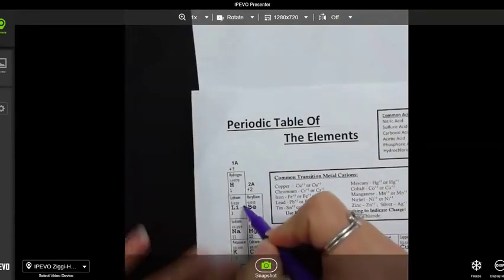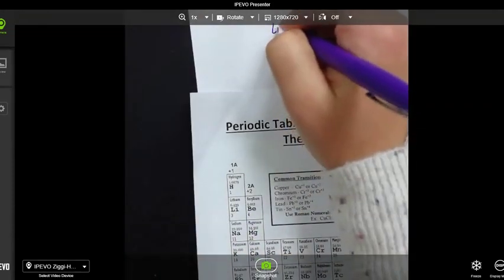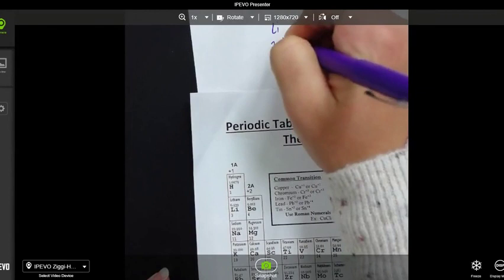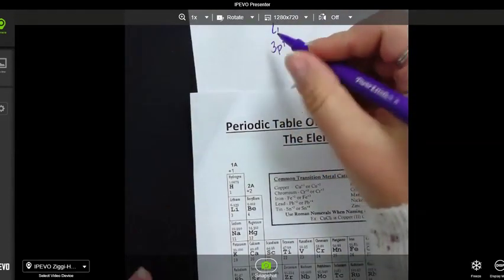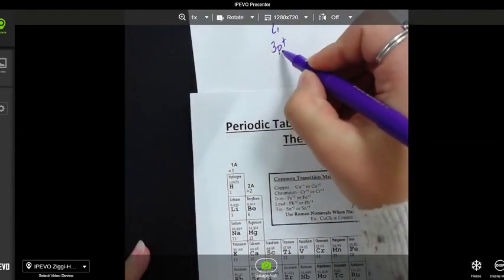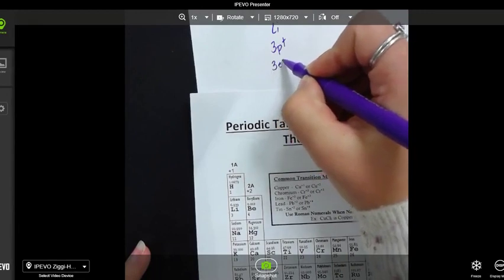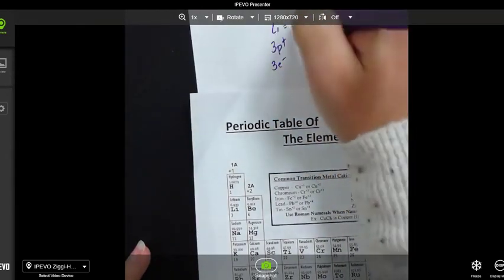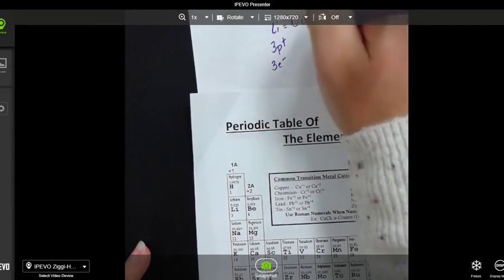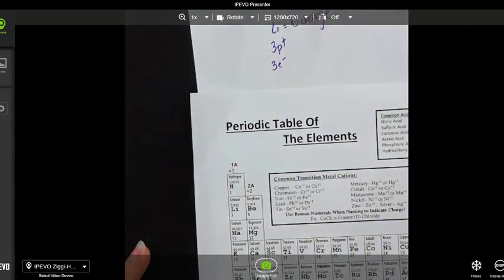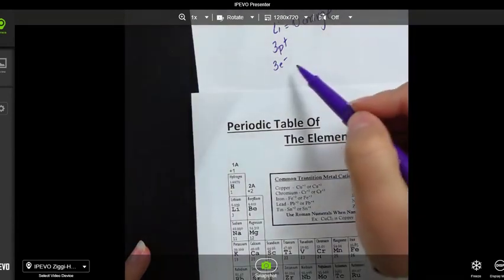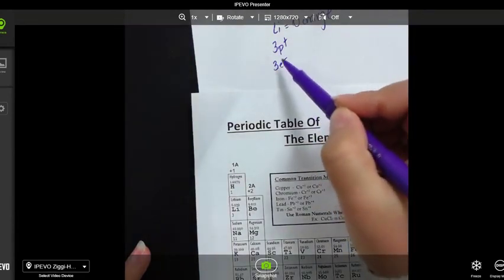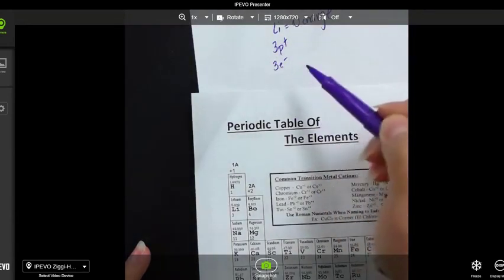If we take a look at lithium, for example, lithium right here has 3 protons. You've been told up to this point that if lithium has 3 protons, it also has 3 electrons in a neutral atom. And what does neutral mean? Neutral means 0 charge, right? Well, what if we were to change the number of electrons? If we change the number of protons, that's going to completely change the element.